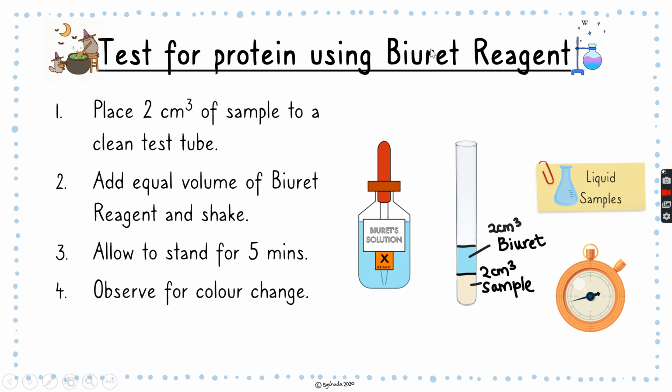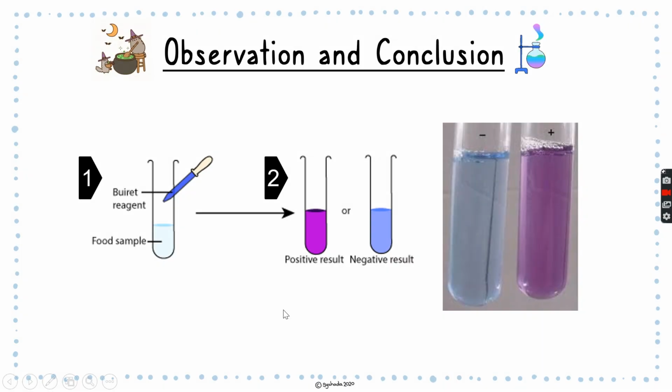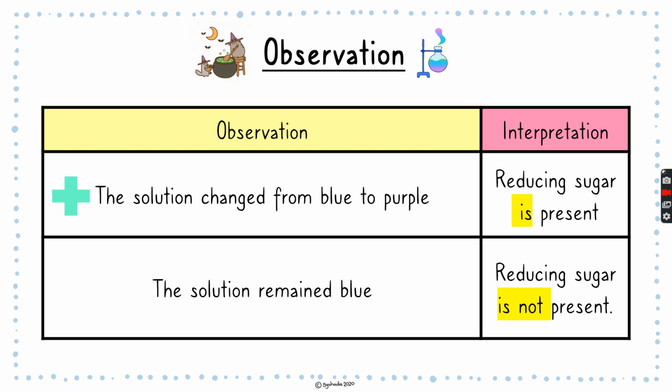Note that Biuret solution is originally blue in color as well. So if you have a negative result, it's going to remain blue, but if it's a positive result, then it will actually turn purple. So the observation is that if the solution changed from blue to purple, that is a positive result, and that means the interpretation here is that reducing sugar is present.